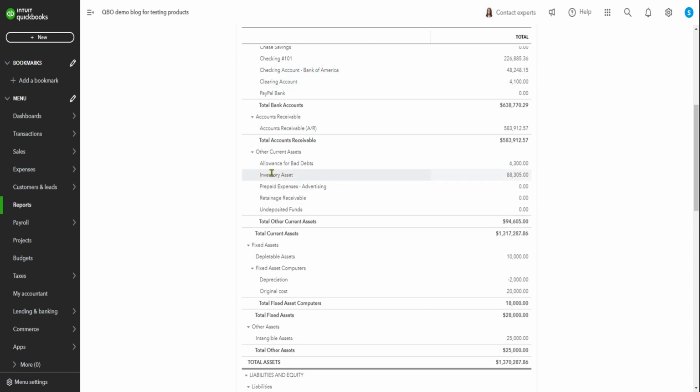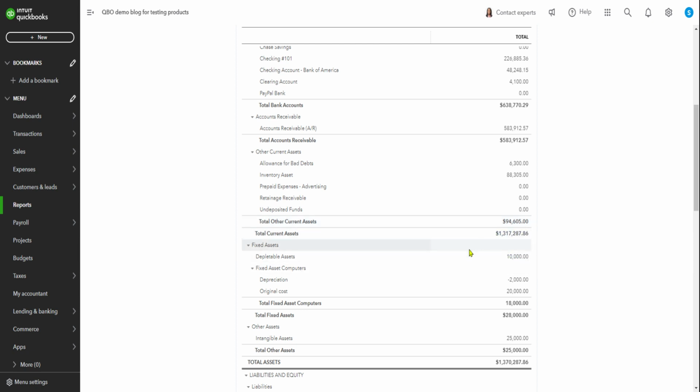You can sell it, you may not get 88,000 right away, but you can sell it and get some money. And so that's the current assets. So the current assets includes your bank accounts, accounts receivable, and your other current assets. That's your other current assets total.